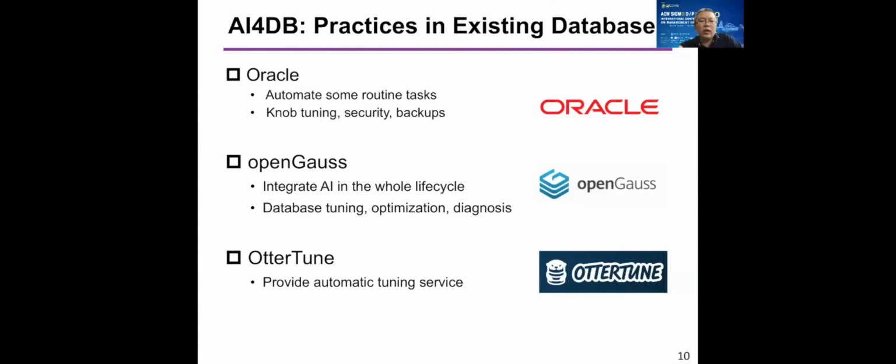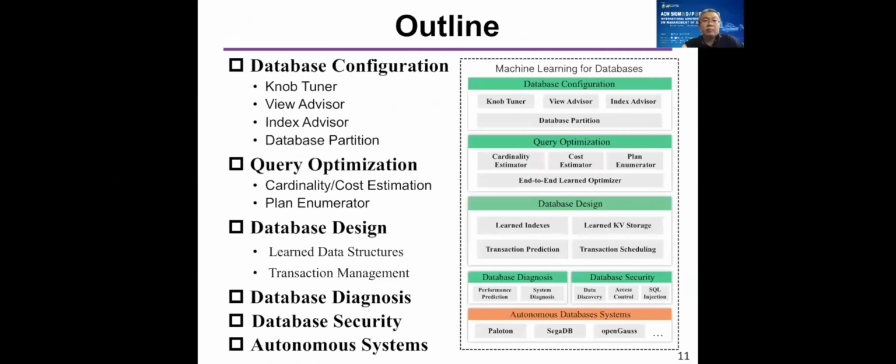And Autotune is a new company that wants to use machine learning techniques to tune knobs. So I think there are lots of opportunities to deploy machine learning techniques inside the database, and this is a call for arms for the database community to work on this and make the database community much stronger.